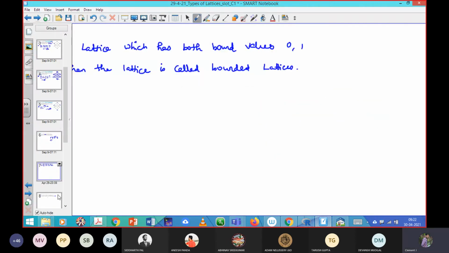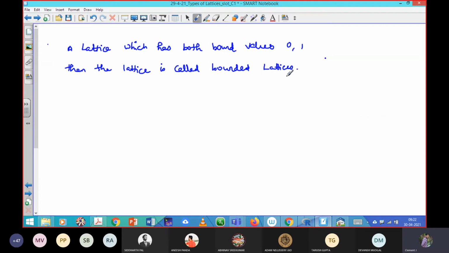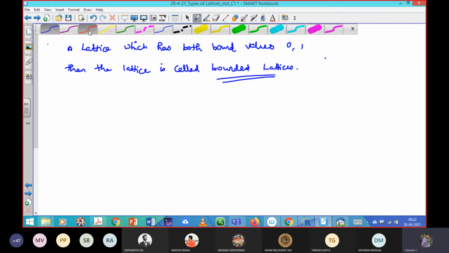Yes, sir. Okay, next definition is called bounded lattice. Bounded lattice we have already discussed anyway. You can consider one example like 1, 2, 3, 4, or maybe 4, 2, 3, and then 14.